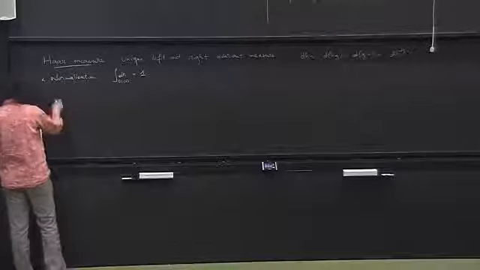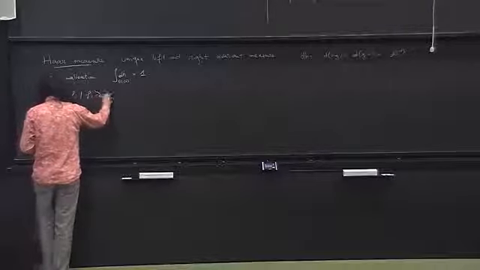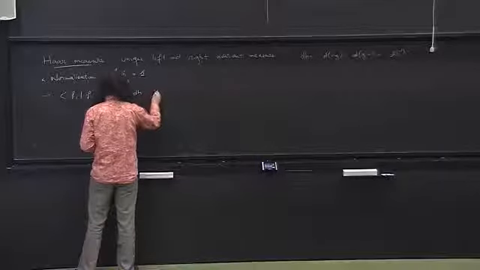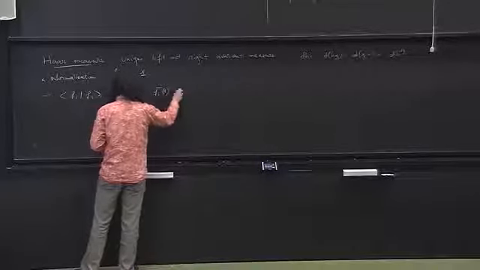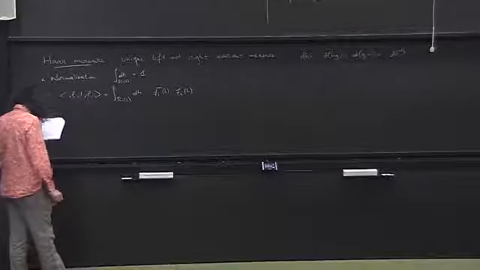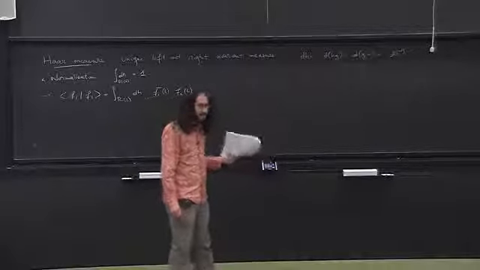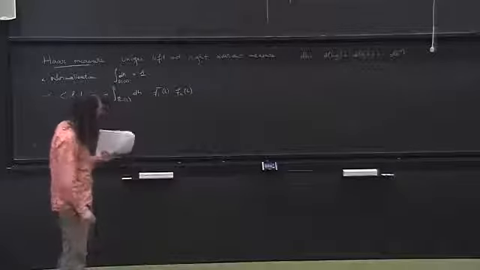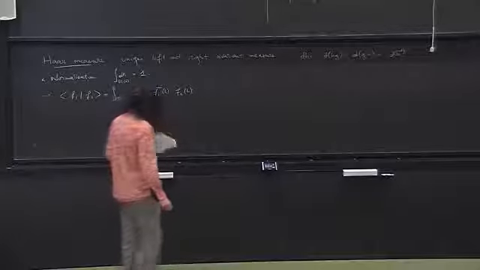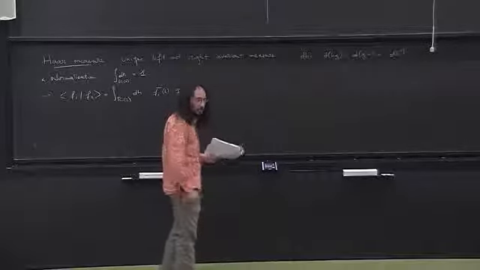And our inner product is really this formula. And it's indeed such that the left translation and the right translation are both unitary operators. So that equips our space of functions on SU2 with an inner product.